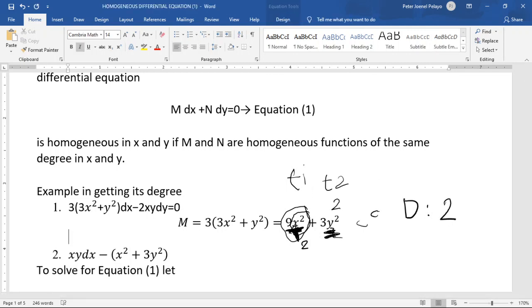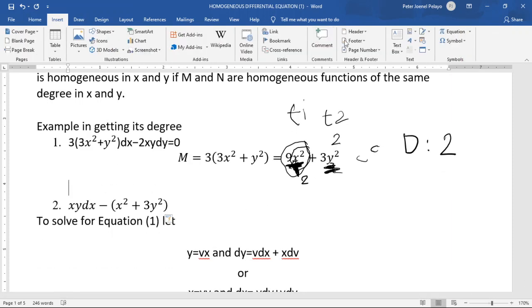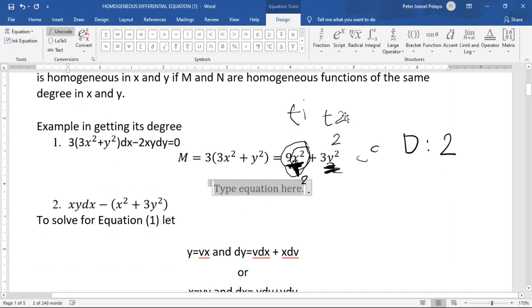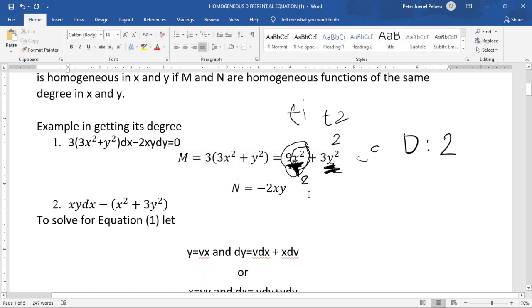Okay? So, now, pupunta naman tayo for N. Ang N natin is equal to yung partner ni dy. So, include nyo pa rin si negative sign. So, negative 2xy dy. So, yun yung N natin. Now, kukunin din natin kung ano yung degree niya.